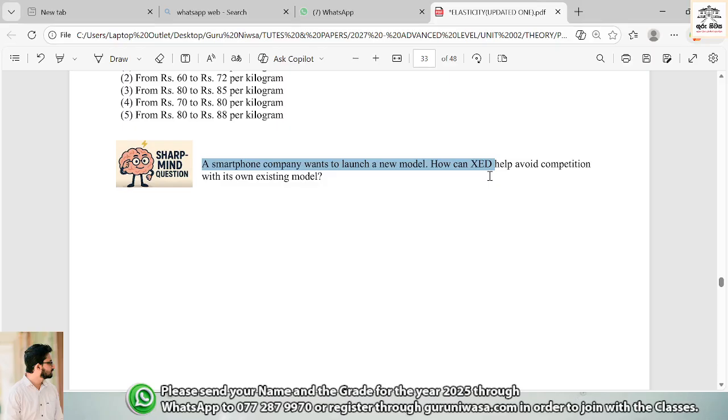So the new product is going to be a competitor. These are substitutes, you get the point. How can this new phone company use XED to avoid competition? Think and try to make the answer as homework.